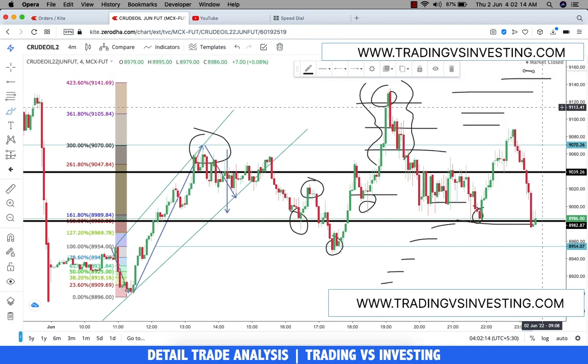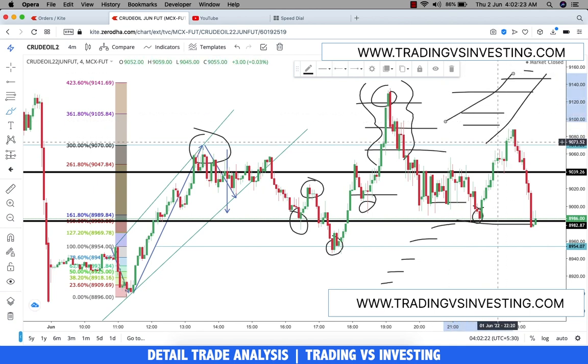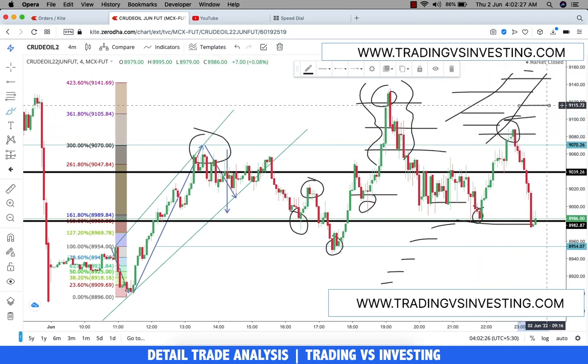So, the rest of the thing is up to you. And not just that you should get out in these areas, but in here also you have to put the trailing stop losses, and the trailing stop losses must be at a price which has less chance to hit. Okay, so this is my analysis for you.